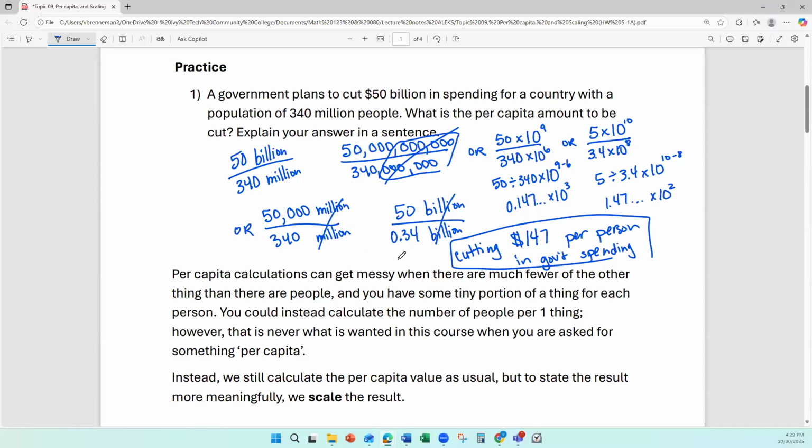So with large amounts that you're doing per capita, the result is going to come out as more than one thing per person, more than $1 per person, because there were more dollars than people. But we did have to do that millions and billions adjusting.